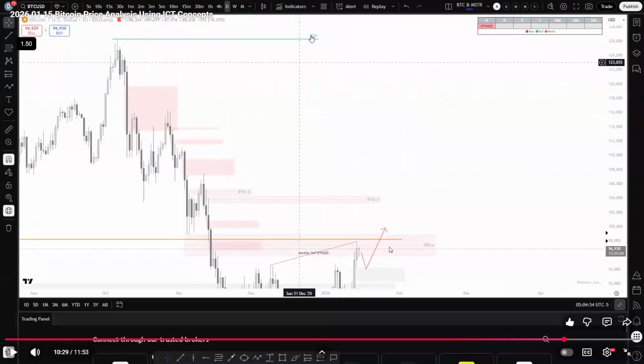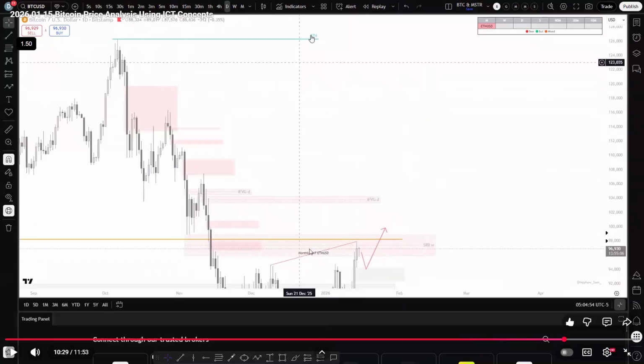What I was, the specific part I was looking at was this weekly SIBI. We're on the daily chart, so it doesn't look so neat. But also there's the daily SIBI right inside the weekly SIBI. Are we going to find support on this daily SIBI here, and then move higher, closing higher using this daily SIBI over here?